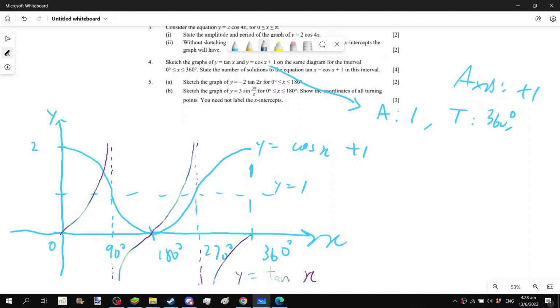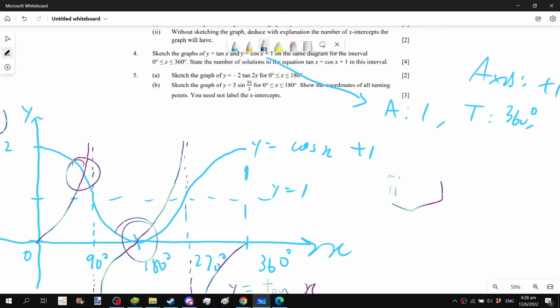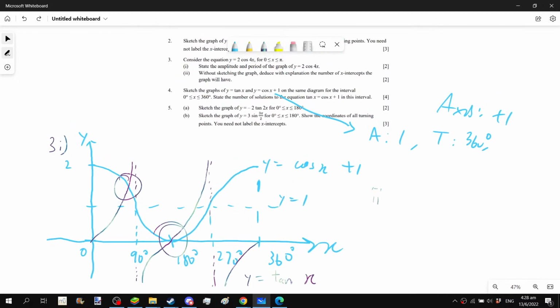So as you can see, we clearly only have two intersections over here and over there, and so we conclude that there will be two different solutions. So we'll just say two solutions because there's two intersections between the graphs, and we are done. Pretty straightforward.